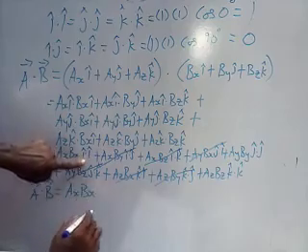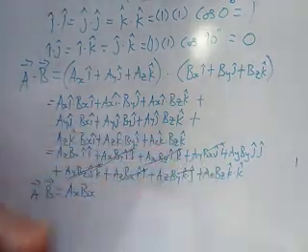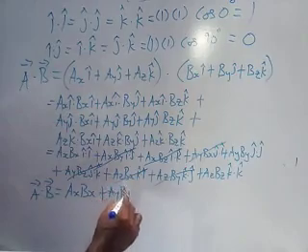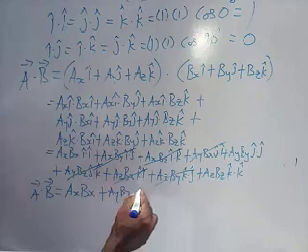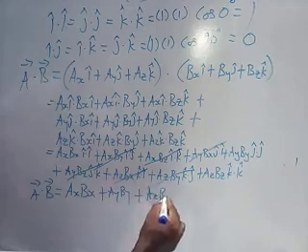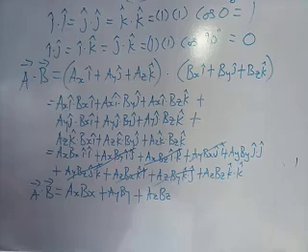AXBX, since I dot I is just 1, plus AYBY plus what? AZBZ. K dot K is 1. So this is scalar product in terms of component.